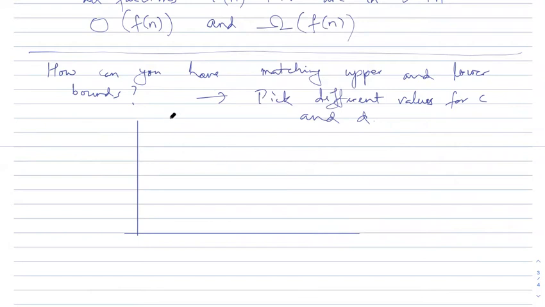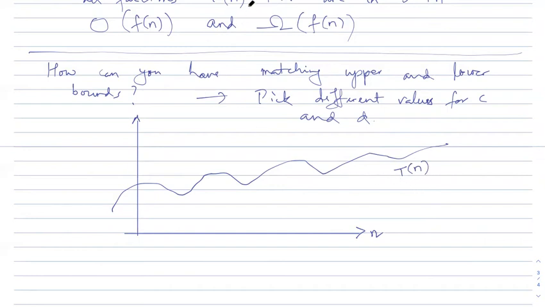All right. So suppose we are plotting, and this is where n is going. And suppose your t of n is some arbitrary function. So this is your t of n. Okay.